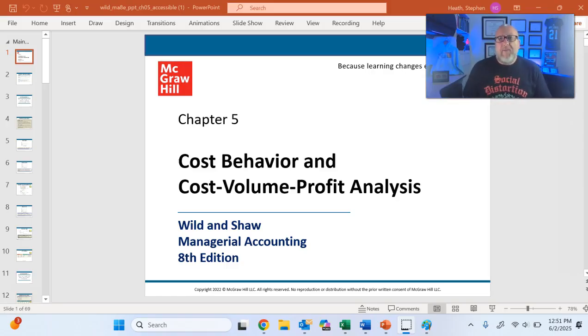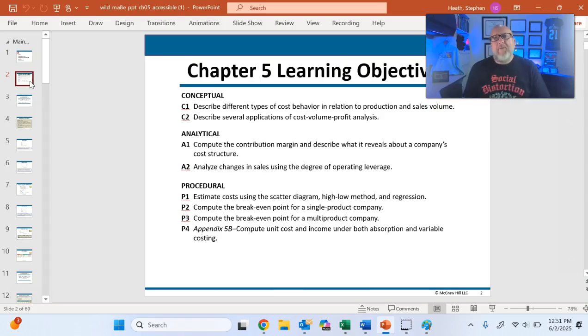I really like this chapter. There's so much that you can do in real life with the tools that we're uncovering in this chapter. So yeah, it's a good chapter.